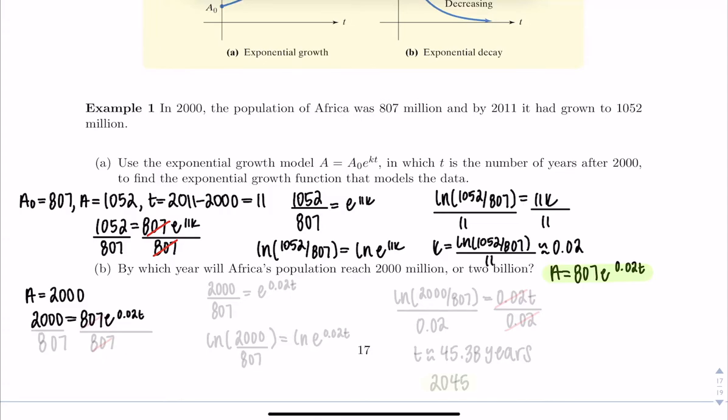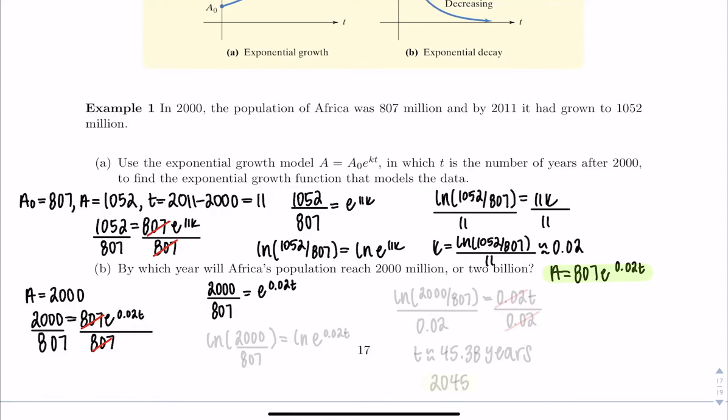We're going to divide both sides by 807. So we get 2,000 divided by 807 equals e to the 0.02t.